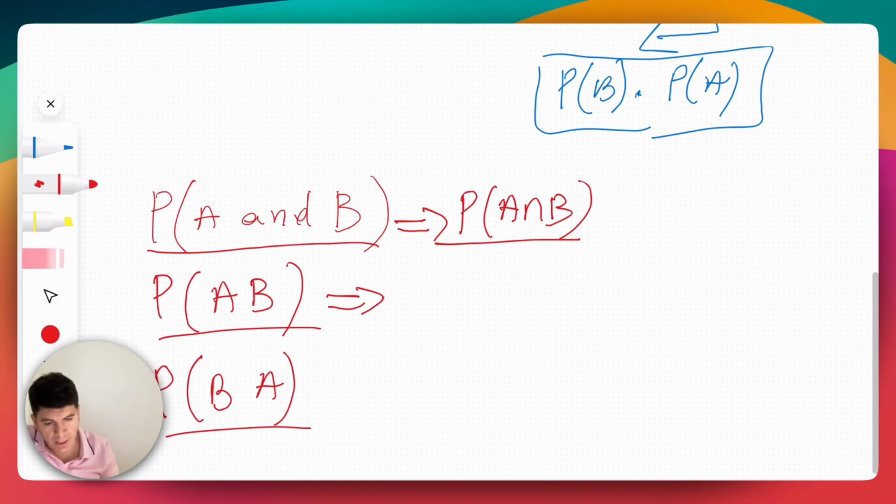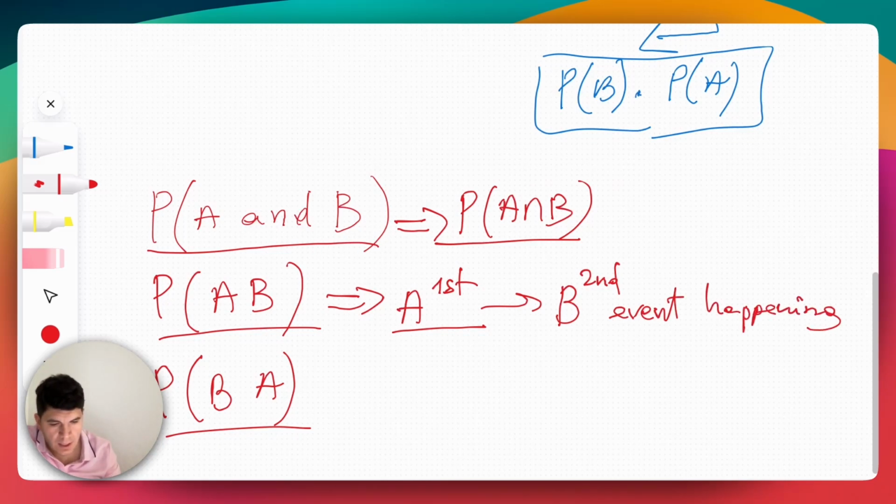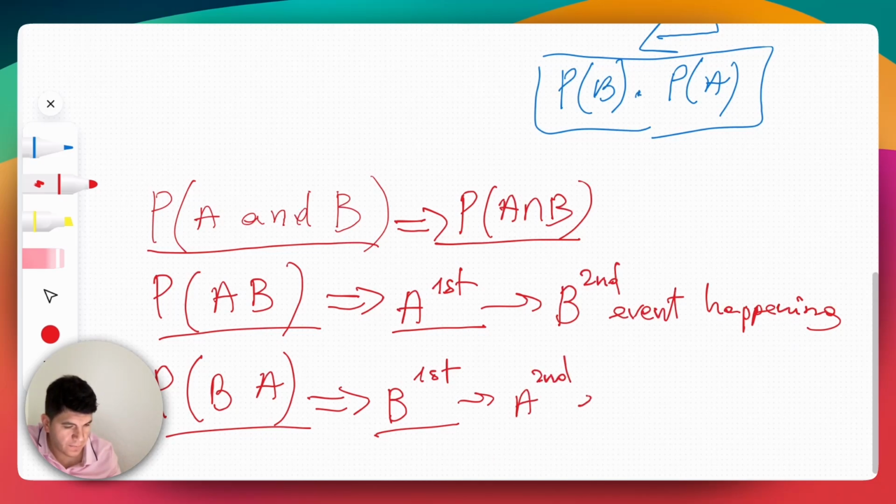But here, when we write A and then B, it means in probability that event A happens first. Then you have a second event, your event B, happening. And here it is the same: when you write the probability of B and A, it means event B happens first, then event A happens.